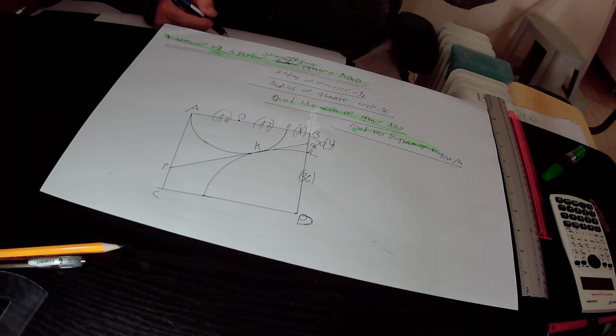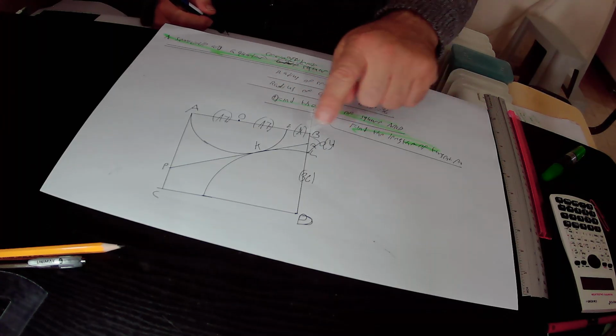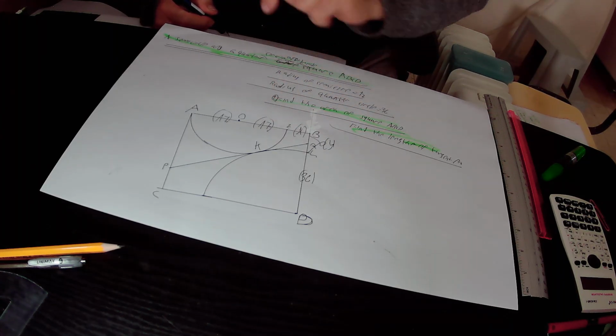And according to rule 10, the straight line OD must pass through point K, that is the touching point.